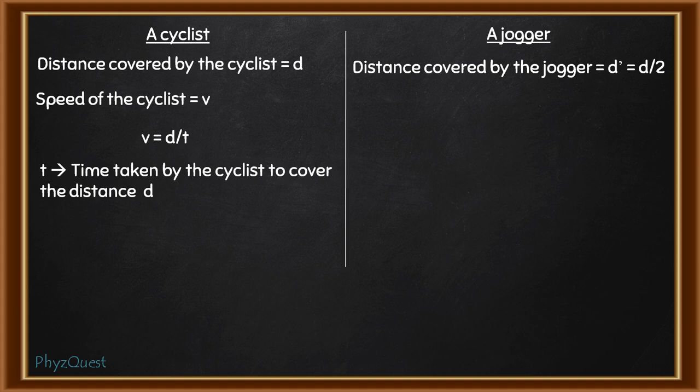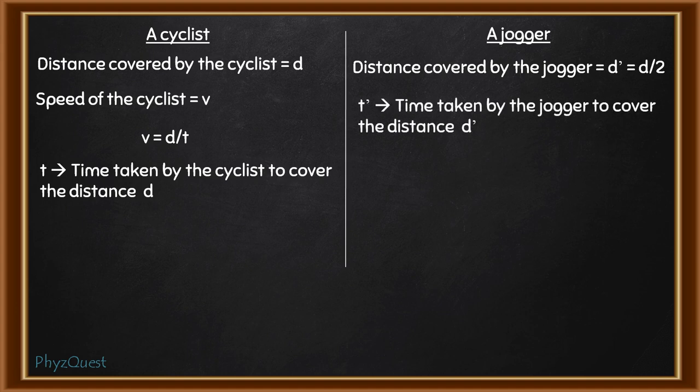The time it takes the jogger to cover that distance is double the time of the cyclist. So if t prime is the time taken by the jogger to cover the distance d prime, since it takes double the time, t prime is equal to twice of t, that is the time taken by the cyclist.